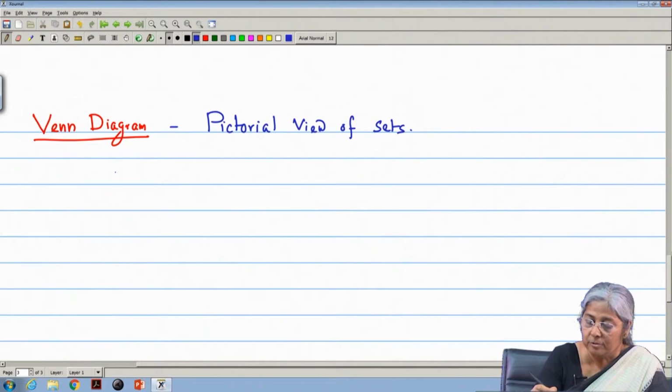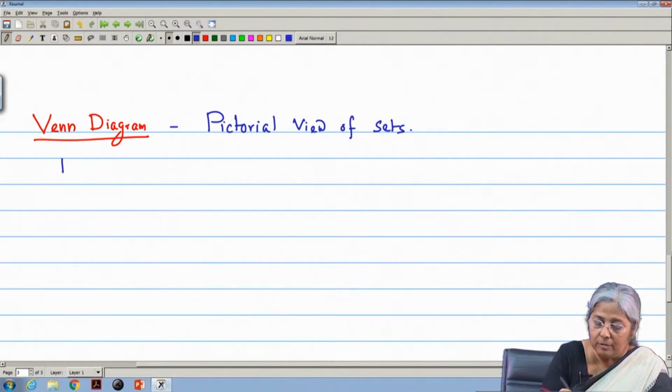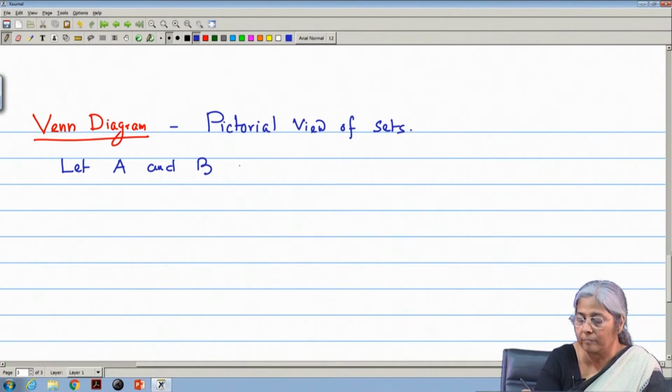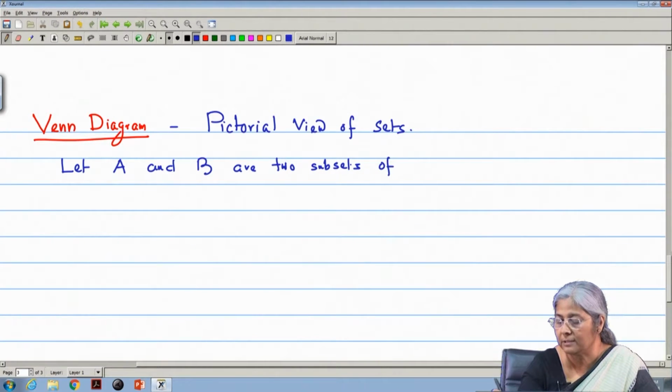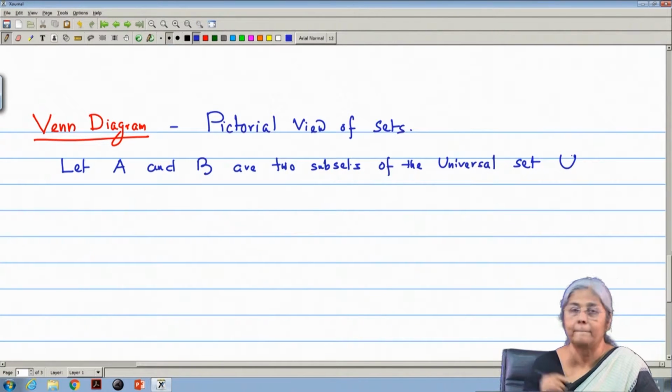So, let A and B be two subsets of the universal set U.